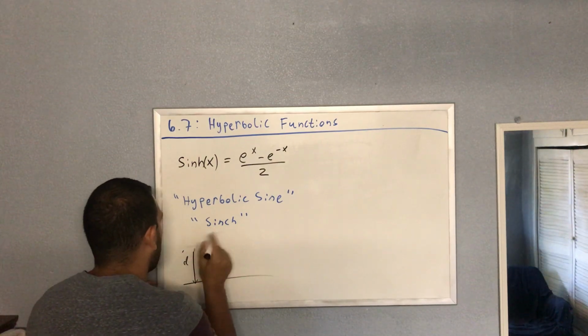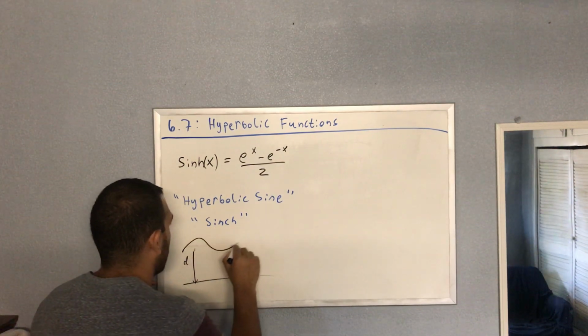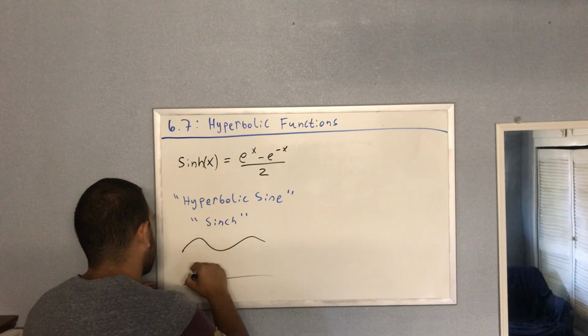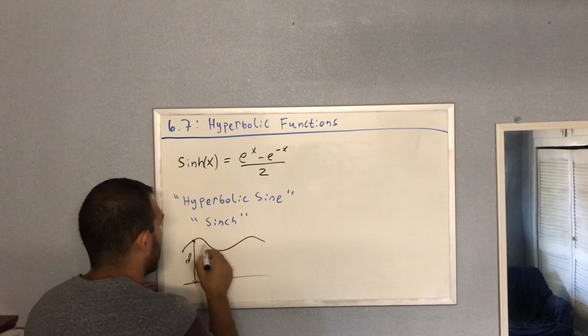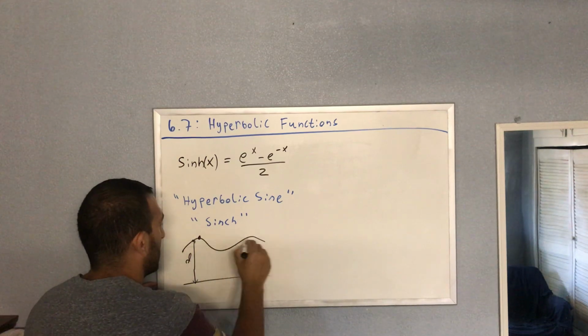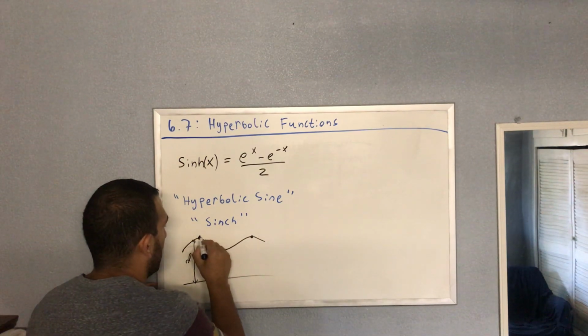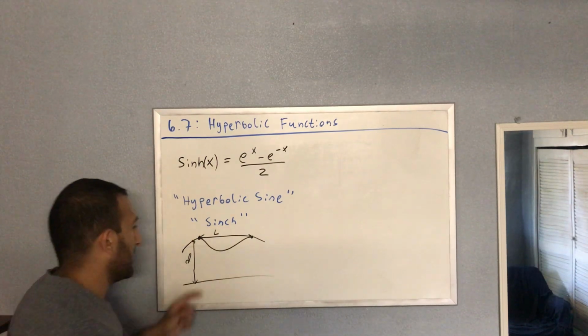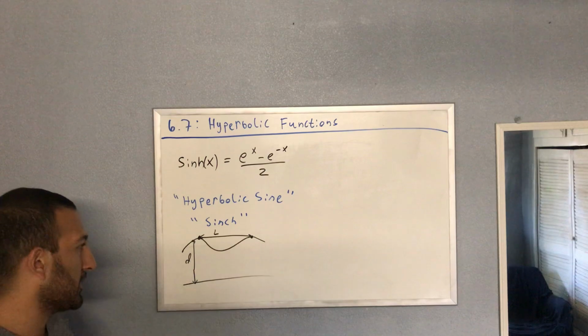This wave is periodic, so it repeats itself. The distance d is this, and the length of the wave is like what we thought of as the period of a wave. It's the distance from one crest to the other.